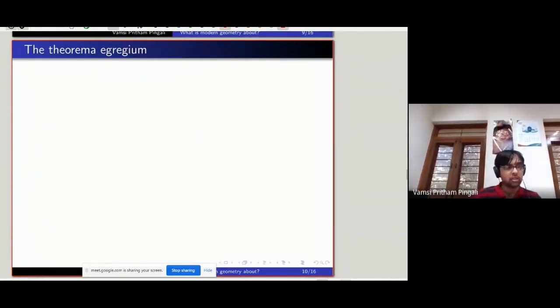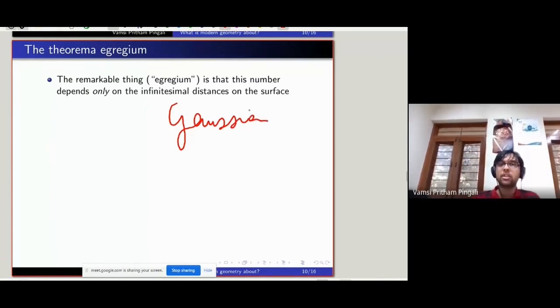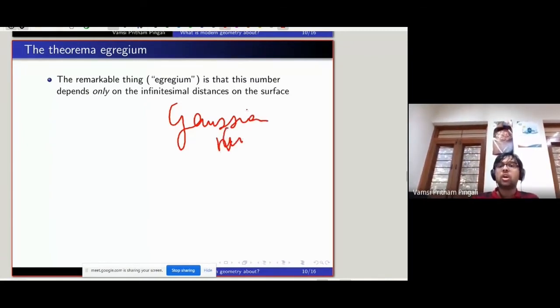All right. So in the interest of time, let me just quickly move on to a rigorous statement of Gauss's theorem. The remarkable thing, egregium (egregious these days means shocking, but back in the day it meant remarkable), is that this number, the Gaussian curvature, depends only on the infinitesimal distances on the surface.